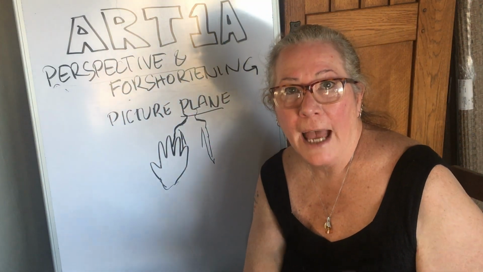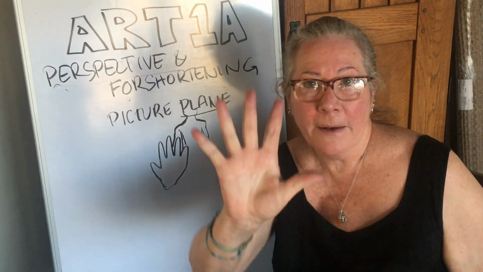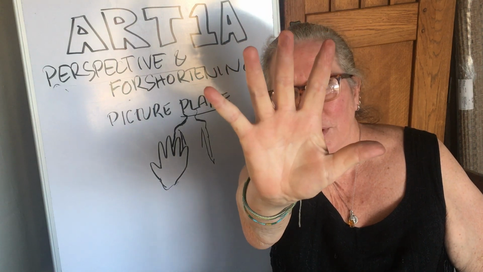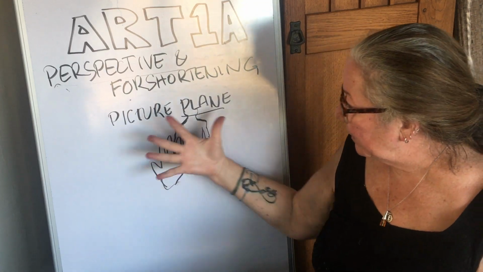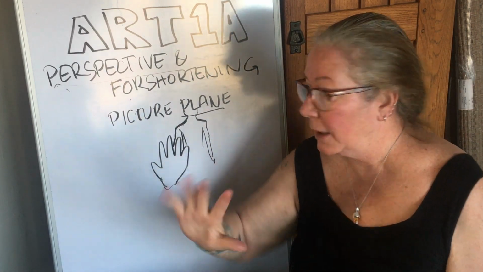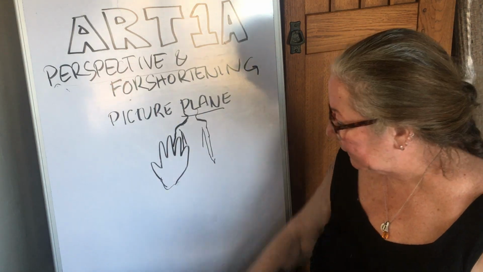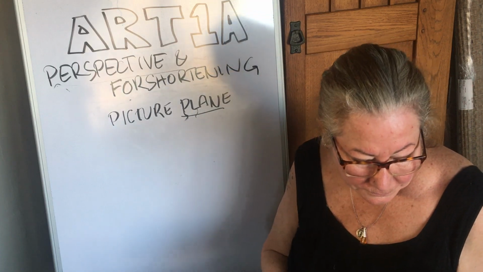So if I do that to this camera right now, if I go like this to the camera, my hand's going to appear really large and my body's going to look smaller, right? That's foreshortening. So that would be at the right angle to the picture plane. Okay, so the picture plane is the flat surface that paintings are put on.